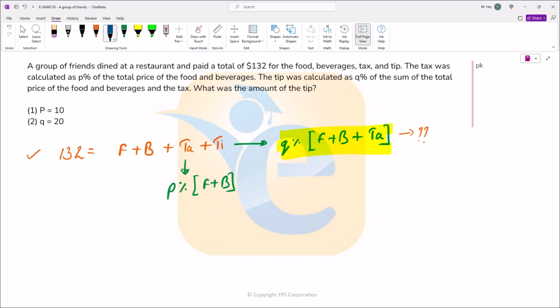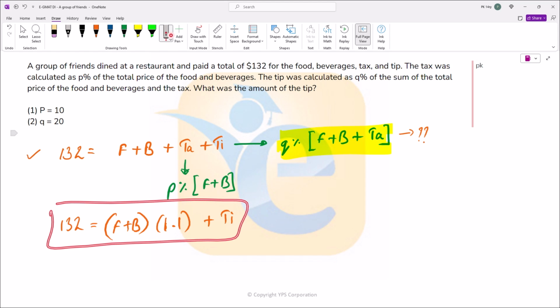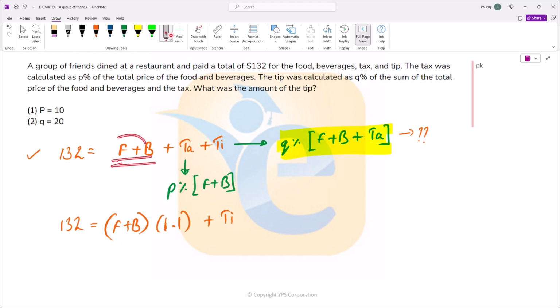Let me write it down: food plus beverage times 1.1 plus tip is equal to 132. This is what we know from statement 1. What I have basically done is, P% is 10%, that is 0.1, and this is 1, and this will be added. In an expanded form, this is nothing but 1 plus 0.1.